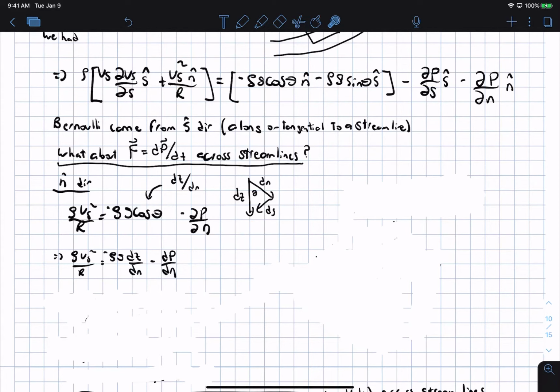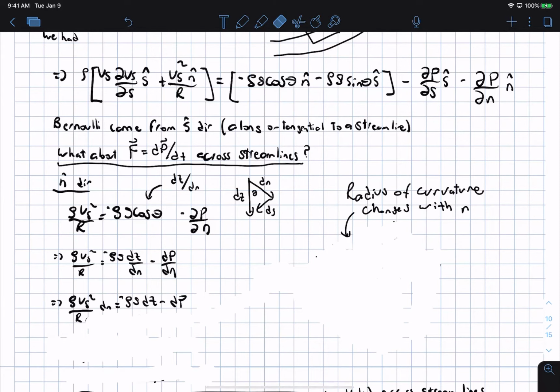Okay, so we work with this, and I just multiply both sides by dn. So we have basically rho v squared over r times dn is equal to minus rho g dz minus dp.